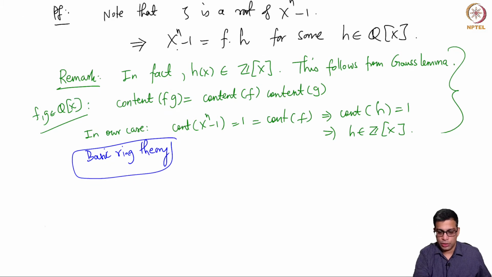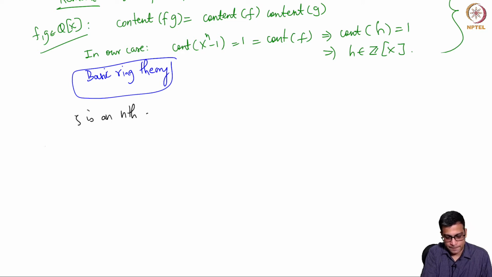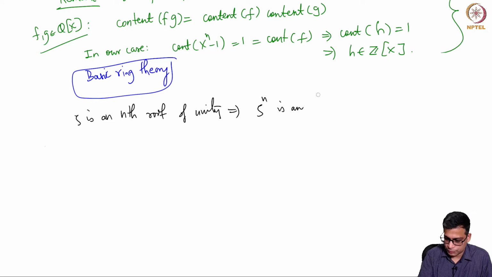So let's come back to this. You have x power n minus 1 equal to f times h. If zeta is an nth root of unity, this implies zeta power p is an nth root of unity, right?